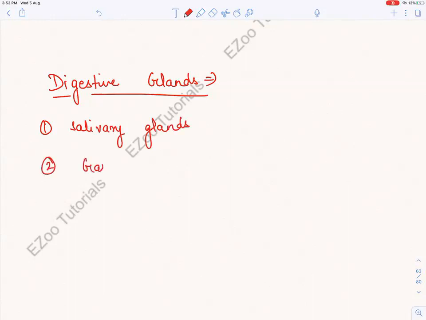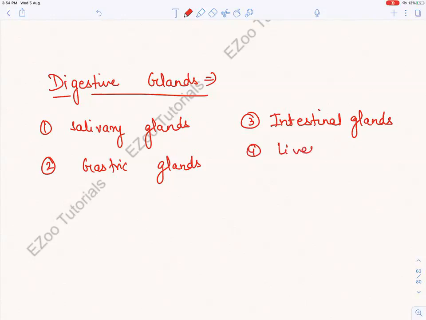Then gastric glands, and then there will be intestinal glands, and then there will be the liver, gallbladder and pancreas. So these are the things which we are going to do in the coming lectures.